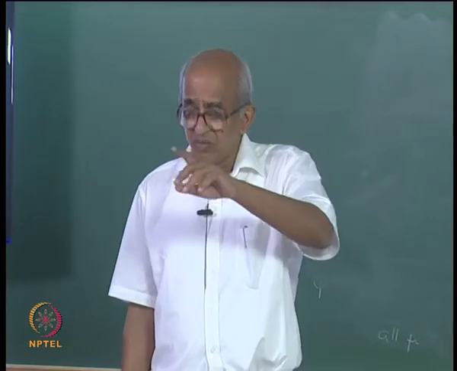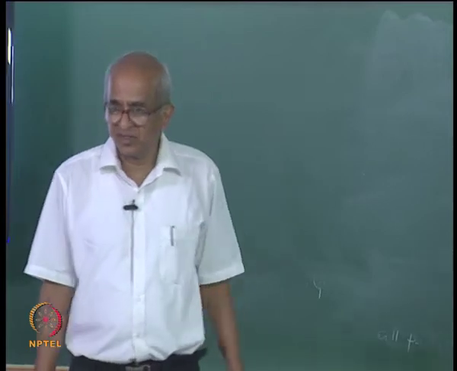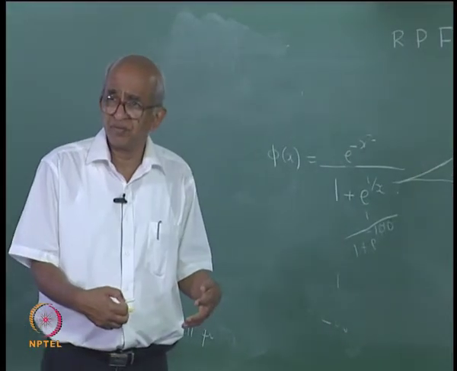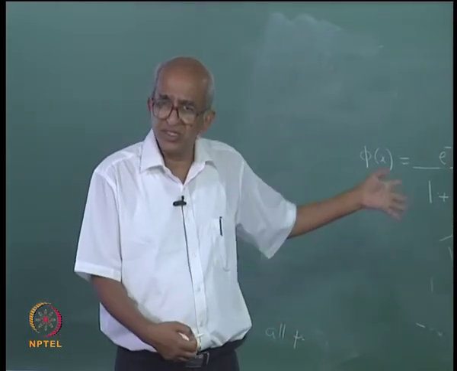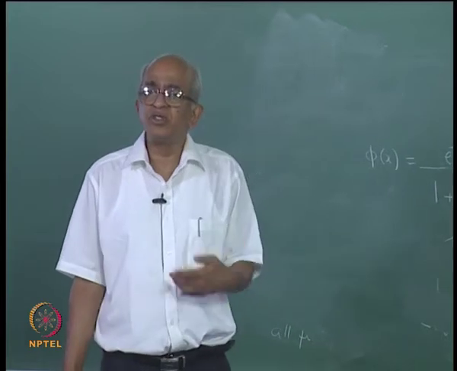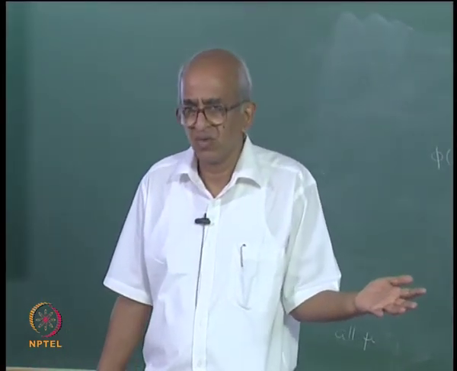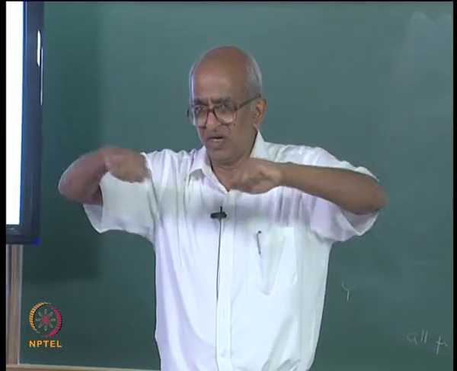Now, suppose I say that this function is my wave function, then what it means is that the probability of finding the particle will also change discontinuously, and usually there is no physical reason for that to happen, unless you have some peculiar situation and so on.